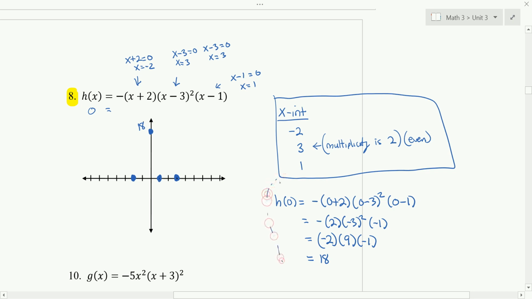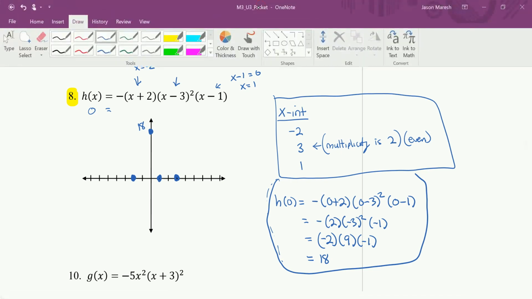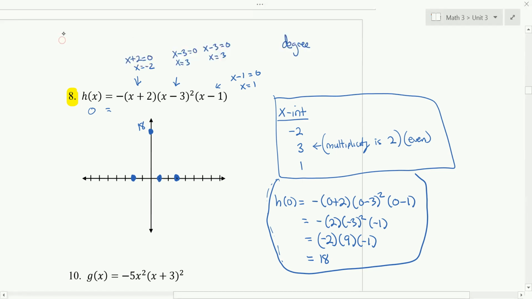Lastly, we need to know the end behavior of our function. So in order to find the end behavior, we need to know the leading coefficient and the degree. So our degree comes from multiplying, well, to get both of them, here's what I'm going to do. I'm going to rewrite this as negative x plus 2 times x minus 3 times x minus 3 times x minus 1.